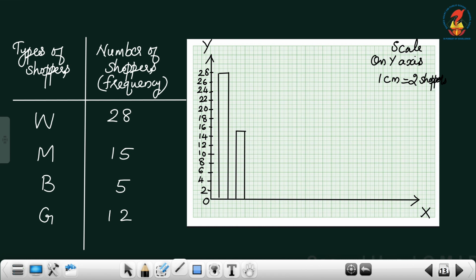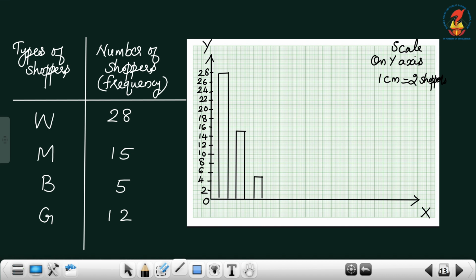Then after that we have B, boys, 5. So here you have to leave 1 square box, then 5. Then after that girls, 12.